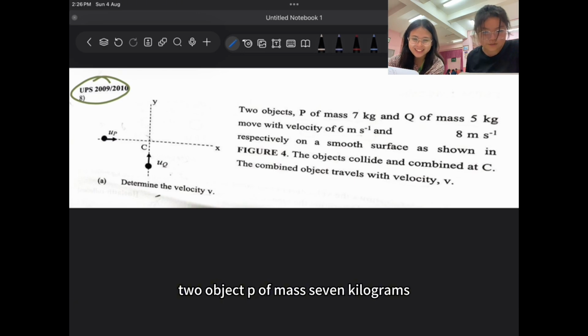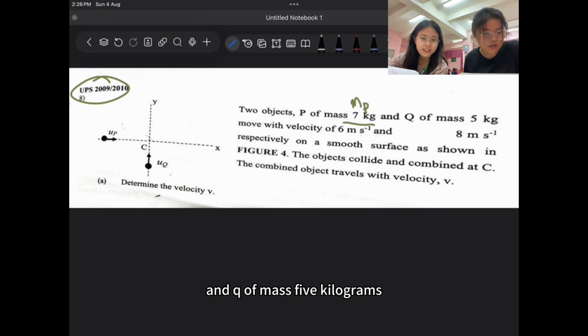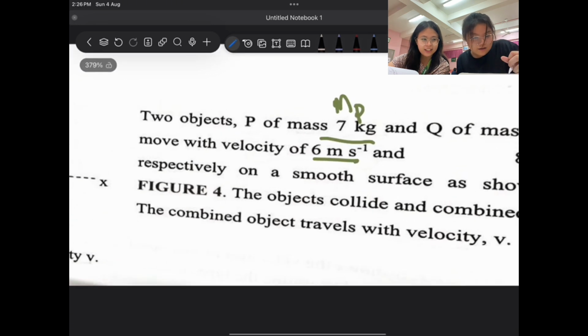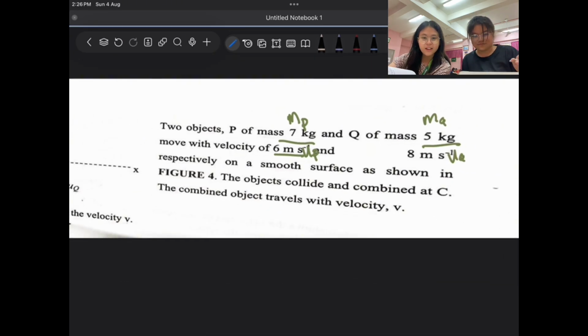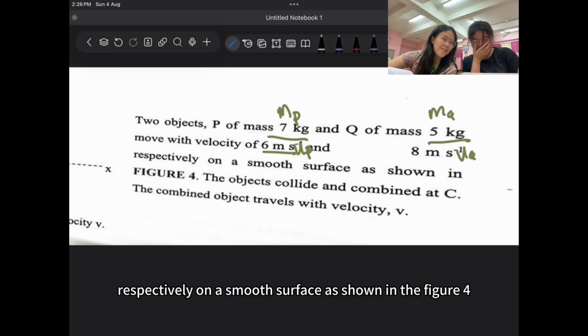Two objects, P of mass 7 kilograms, so this is the mass of P, and Q of mass 5 kilograms, so this is the mass of Q, with velocities 6 and 8 respectively, so this is the initial velocity of P and this is the initial velocity of Q, on a smooth surface as shown in figure 4.